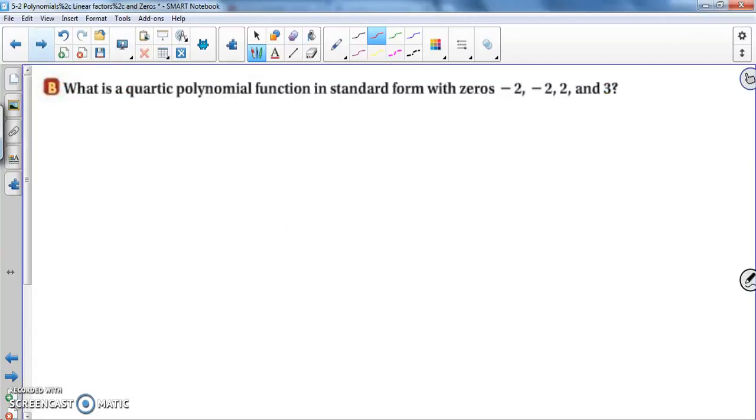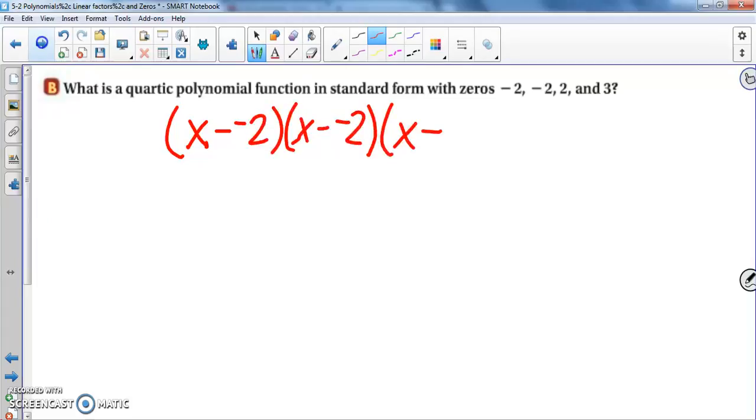We now want to write the quartic polynomial function in standard form with zeros -2, 2, and 3. So once again, I'm going to do x minus -2, x minus -2, x minus 2, and x minus 3.